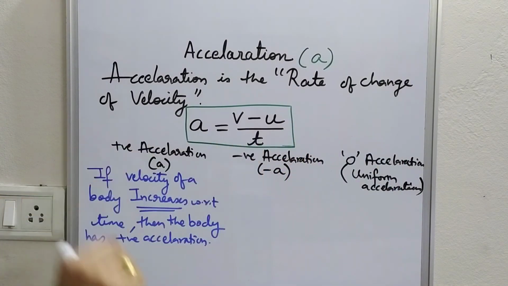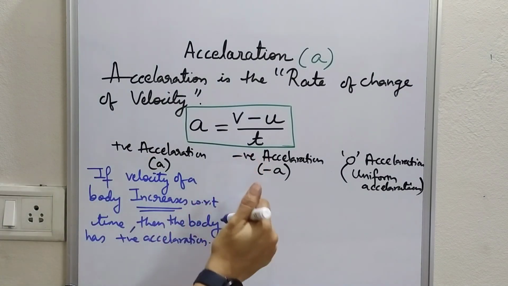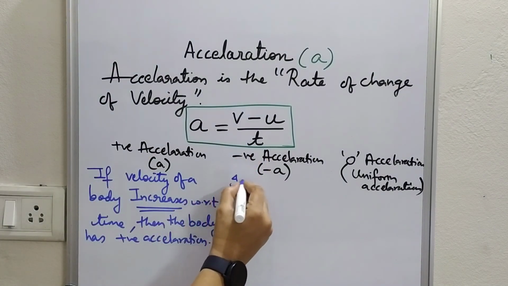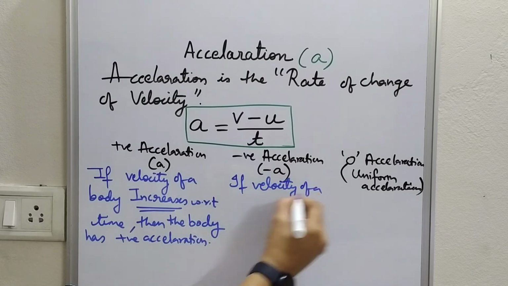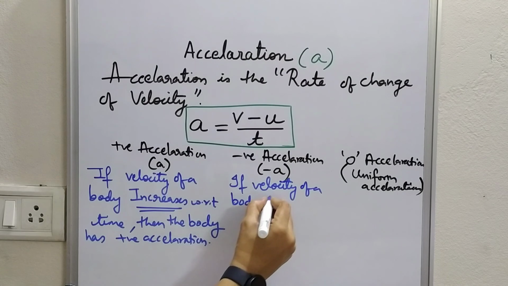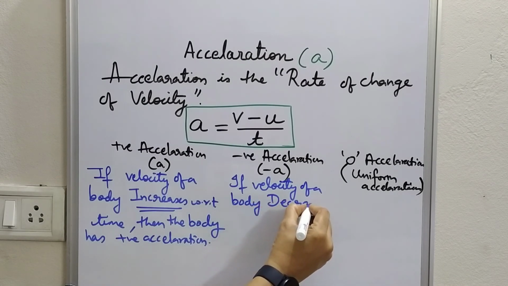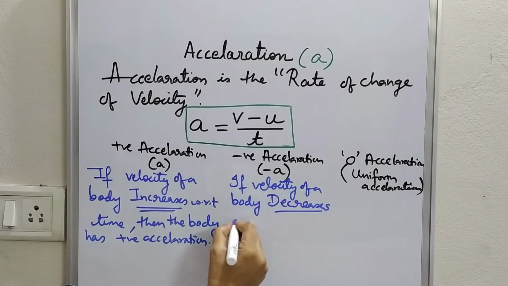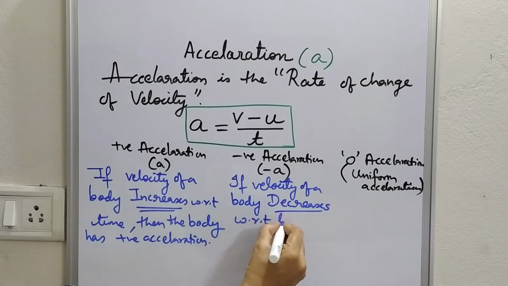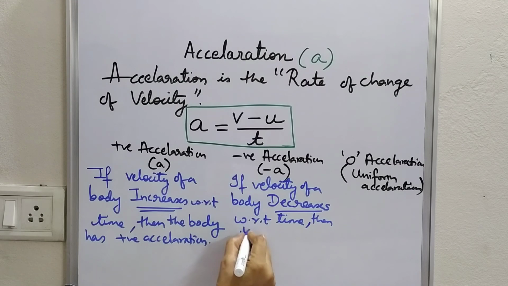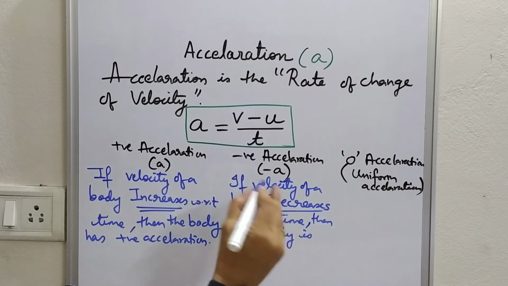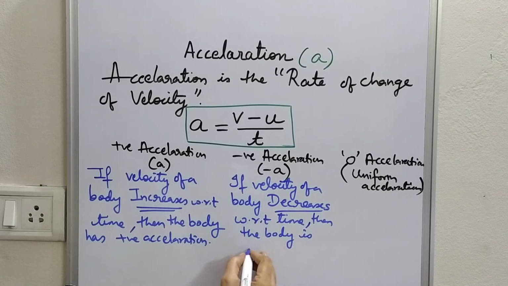is accelerating. What is the meaning of negative acceleration? If the velocity of a body decreases with respect to time, then the body has negative acceleration, or the body is decelerating.